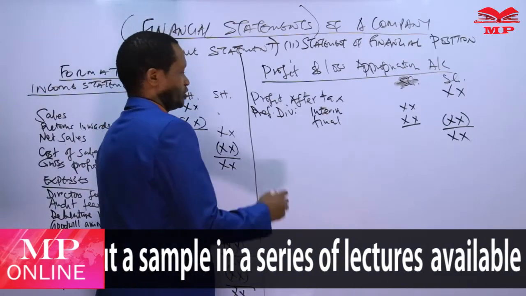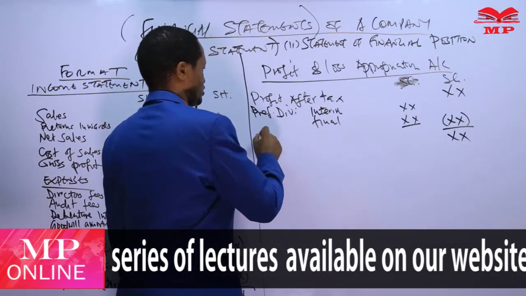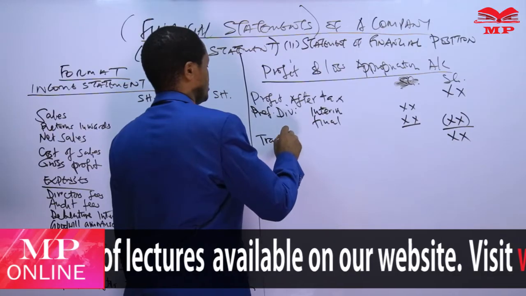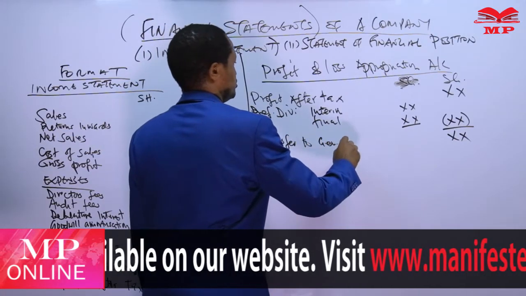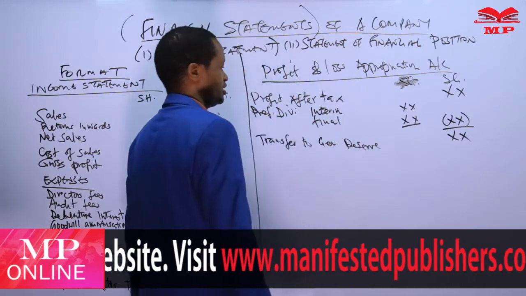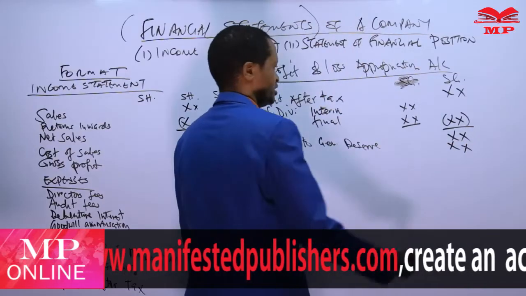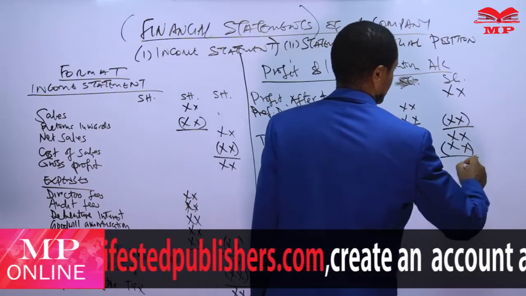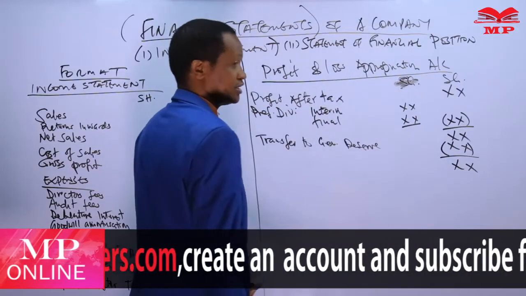Then we can also have another appropriation item, which is transfer to general reserve. The company may decide to transfer some portion of money to the general reserve, or any other reserve.